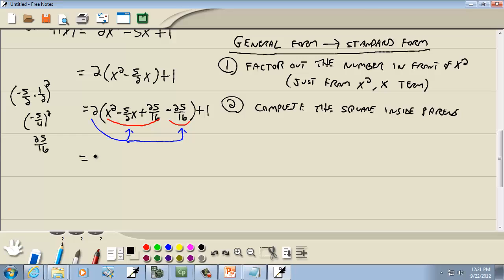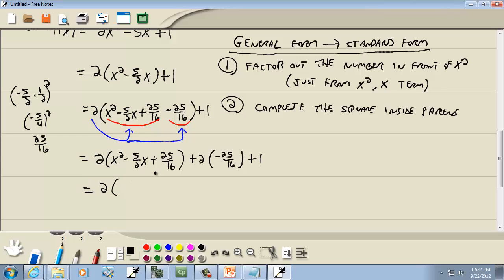So this gives us 2 times x squared minus 5 halves x plus 25/16, and we'll take 2 times negative 25/16 plus 1. Now you may be wondering, why did you add it and subtract it? Well, we can't change its original value, and 25/16 minus 25/16 basically gives you the previous step. So we haven't changed its actual value, just the way it looks.